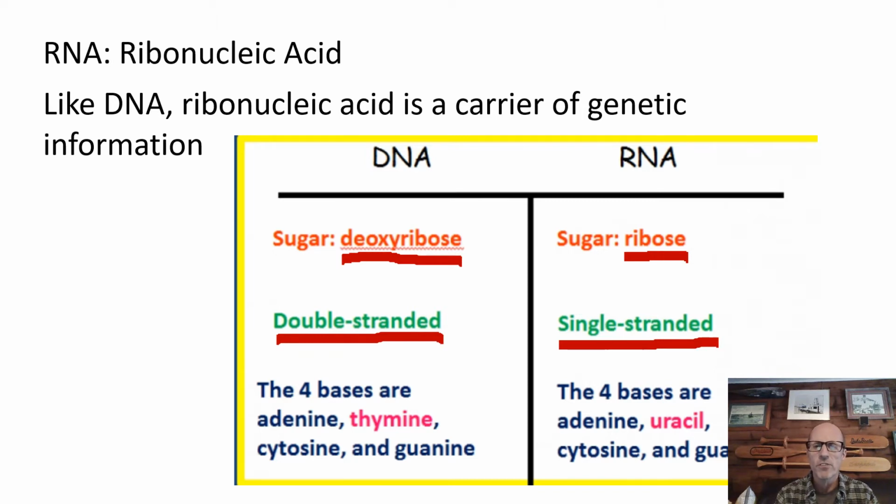It turns out that single-stranded RNA is way more susceptible to being broken apart than DNA. The 4 bases in DNA, remember, are adenine, thymine, cytosine, and guanine. Another key difference in RNA, of course, is the replacement of thymine for uracil in RNA. So those are the 3 key differences between the two.